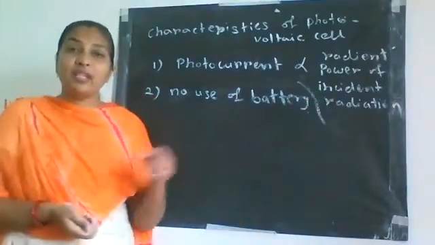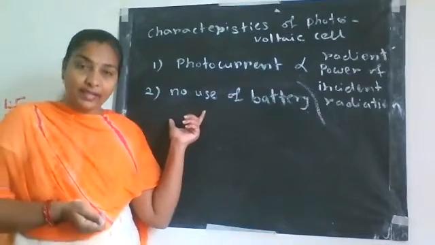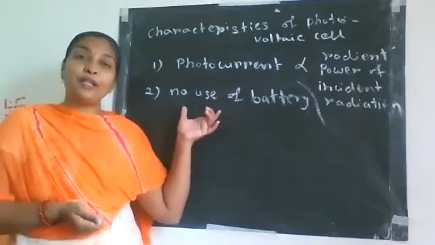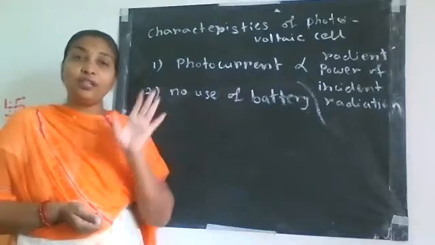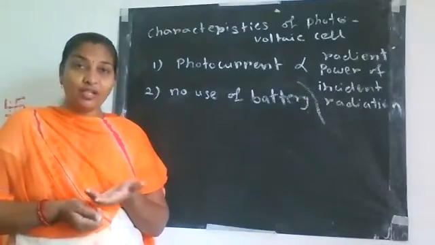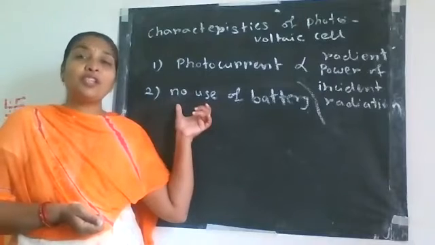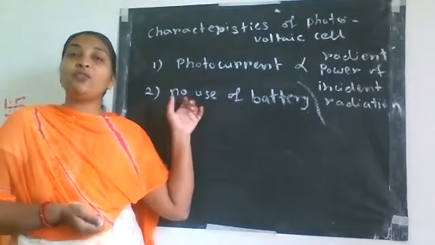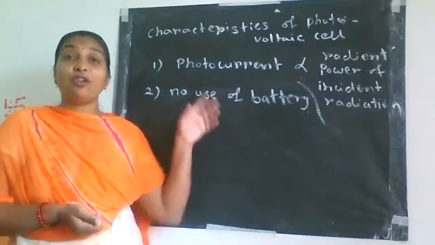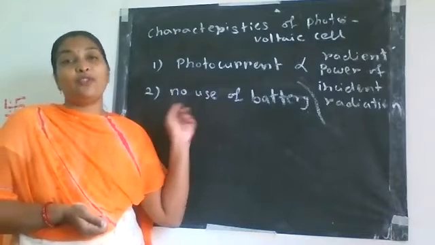If you are using a photovoltaic cell, then there is no need to use a battery to operate that detector. For other detectors, you need the battery. You have to apply the external voltage, but here external voltage is not required, and therefore there is no use of battery. So this is one more plus point or characteristic of the photovoltaic cell.